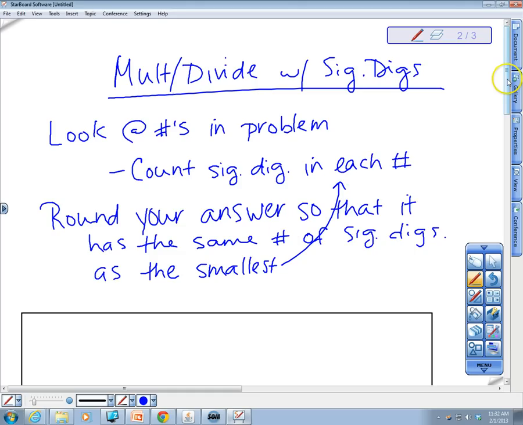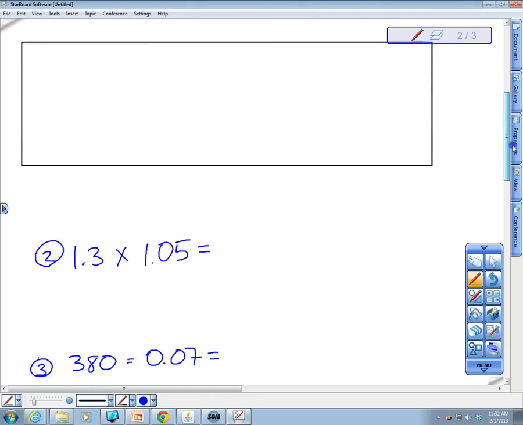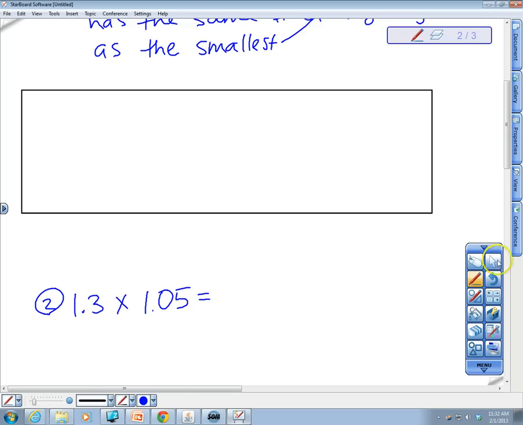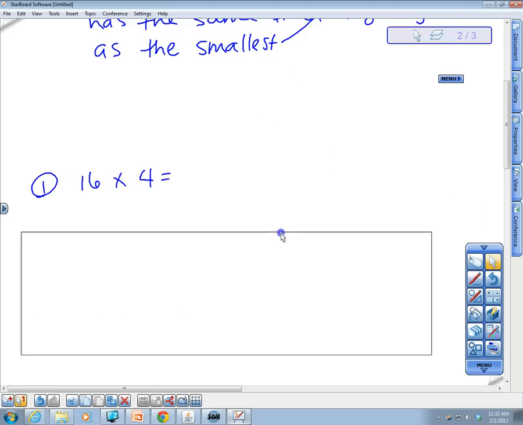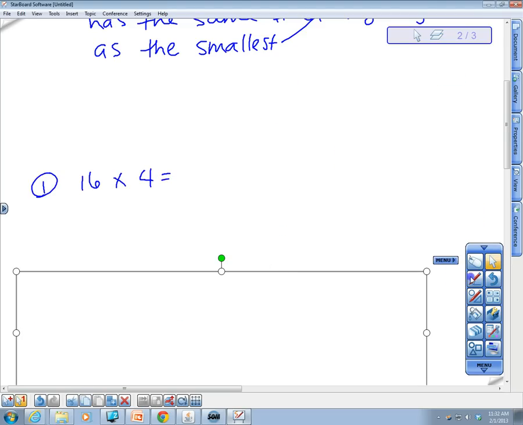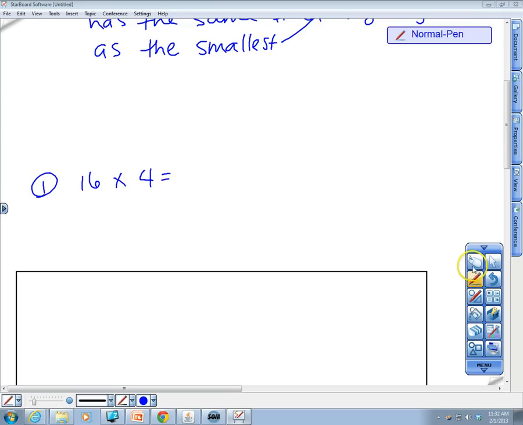Let's look at some examples, because I think it's clearer when we look at examples than when we're talking about it in theory. If we have something like 16 times 4, and we pop that into the calculator, it will tell us our answer is 64.